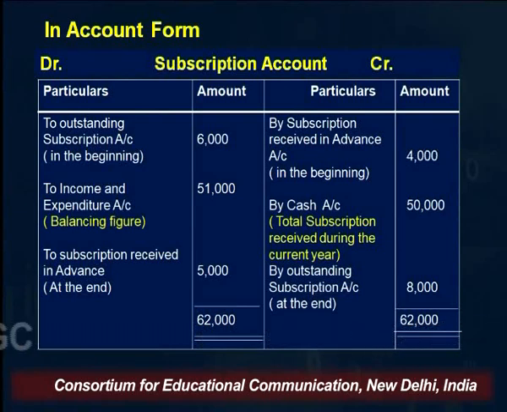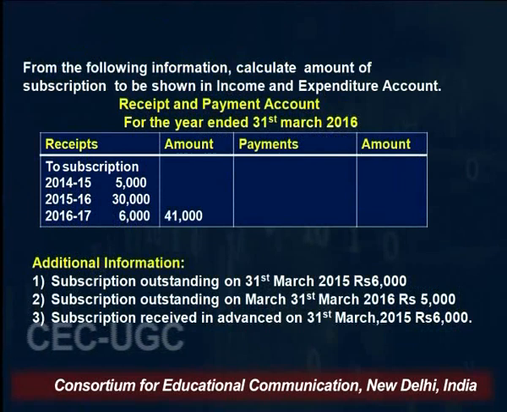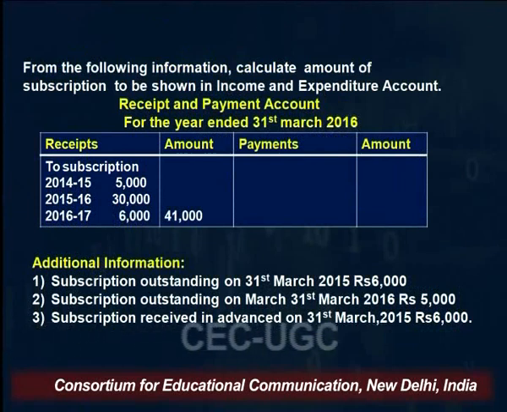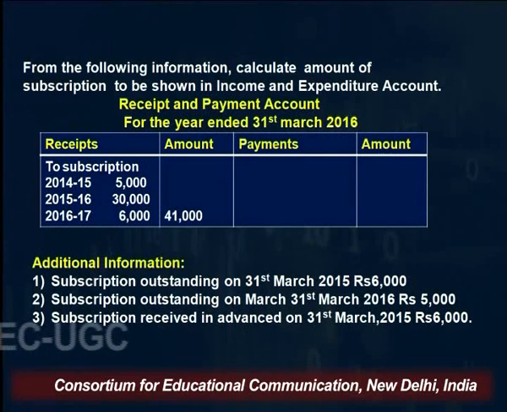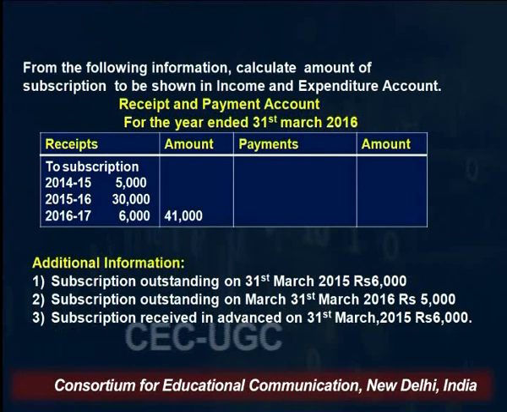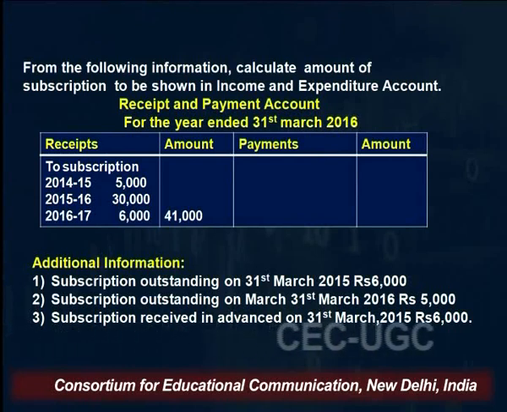Let's take one more example to understand this subscription. Receipt and payment account is given here, and on the debit side the receipts are given. The subscription is given 5,000, 30,000, 6,000. The total amount of the subscription which is given here is 41,000.